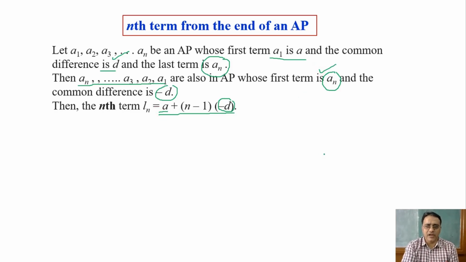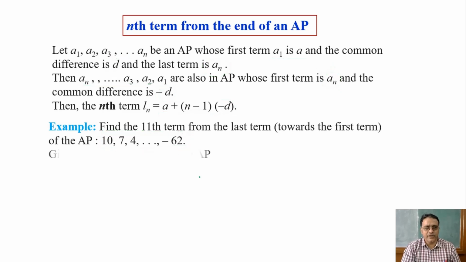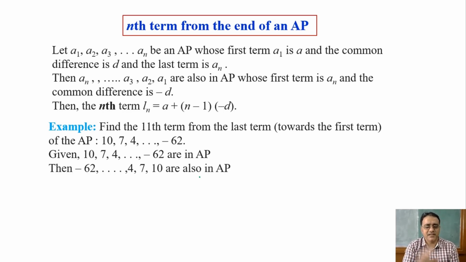Okay, so I will explain with the help of one example. Suppose we have to find the 11th term from the last term towards the first term, or from the end of the AP 10, 7, 4 up to minus 62. Okay, so now if we write in the reverse order, then also it is in AP. Now what is the first term of this AP?